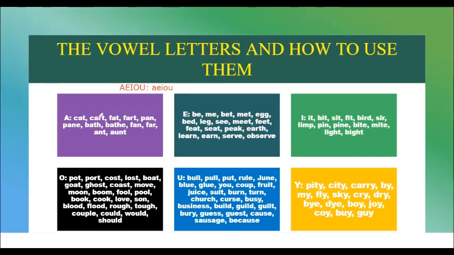Then we have the short A in fat, the long A in fate. We have the short A in pan, and then we have the long A in pain. Then we have bat, we have bait, we have fan, we have far, we have ant.